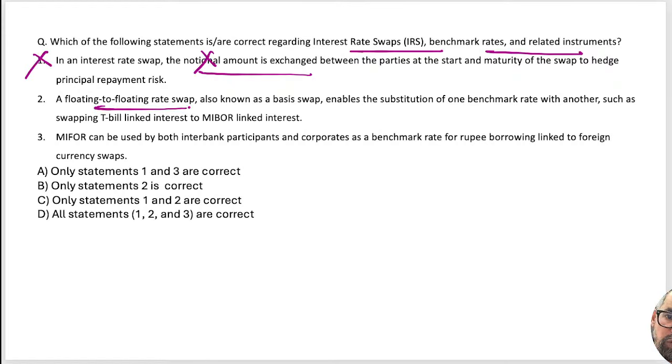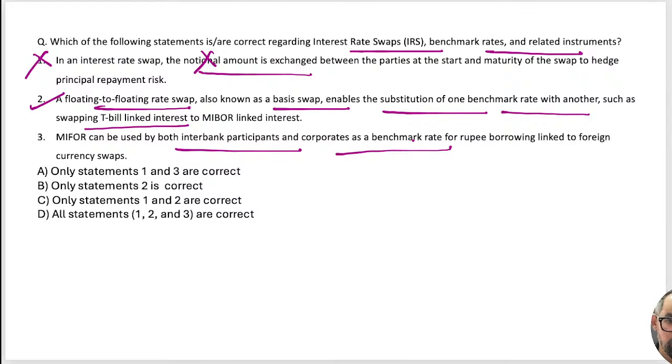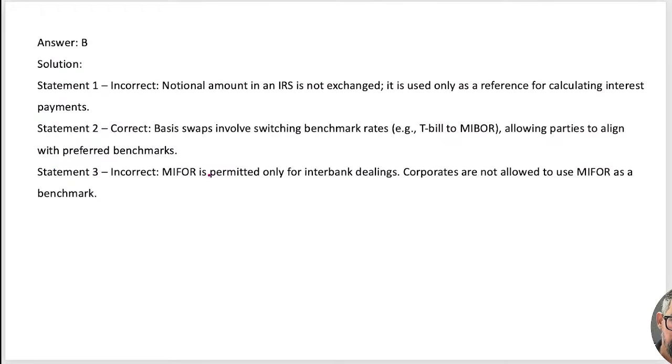Wrong here. The floating to floating rate swap, also known as basis swap, enables the substitution of one benchmark rate with another, such as treasury bill and MIBOR. That is true. MIFOR can be used for both interbank participants and corporate rate benchmark. No, it is only for interbank. Means B should be the right answer, right? So MIFOR is permitted only for the interbank. Corporates are not allowed to use this particular one.